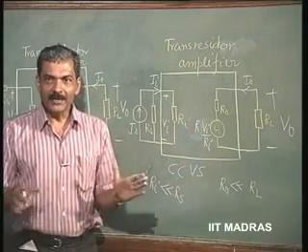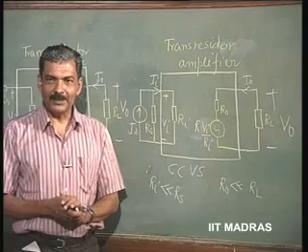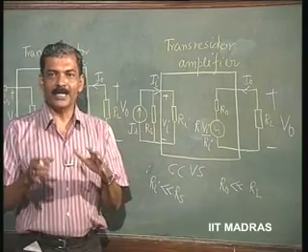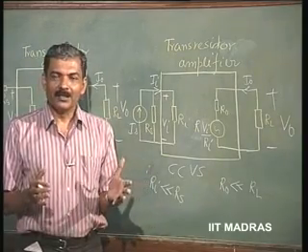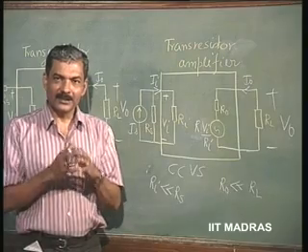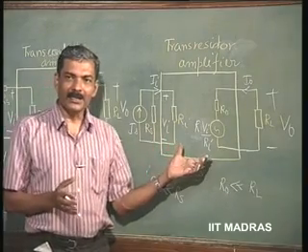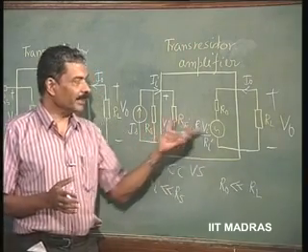So, as far as analysis is concerned for the non-ideal amplifier, it is enough if you do the analysis of one type of amplifier. All those things that are discussed for that can be still made valid depending upon how you look at the equivalent circuit.